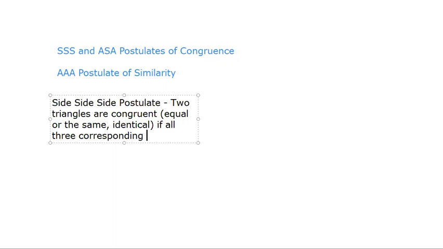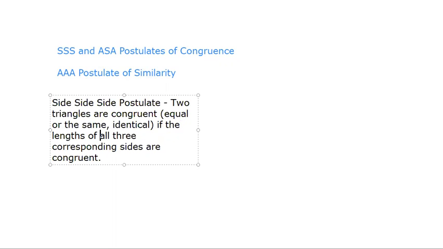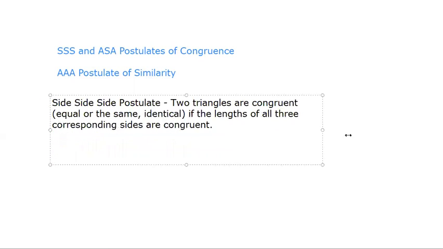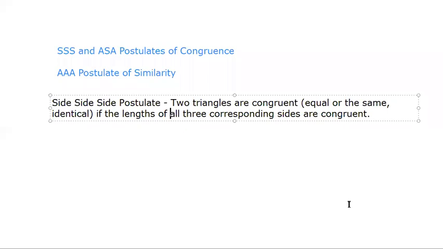Remember we had corresponding angles when we had the two parallel lines and the transversal, and they're basically in the same location with respect to one another. Well, we also have corresponding sides of triangles. And we probably should say if the length of all three corresponding sides are congruent, that is your side, side, side postulate.